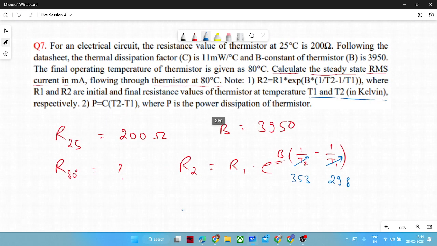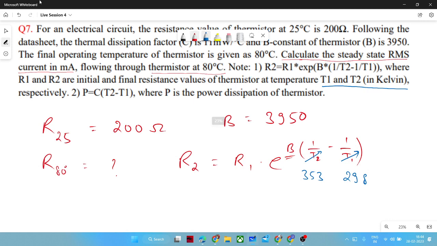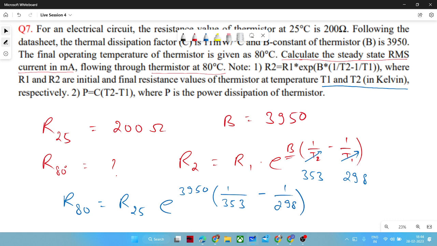Okay, so whatever the requirement of the problem, you have to think in that manner. So let us compute R at 80 is equal to R at 25 into e raised to power b, that is 3950, into 1 by 353 minus 1 by 298.